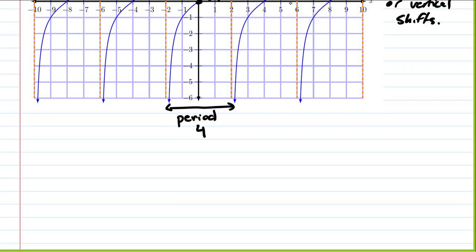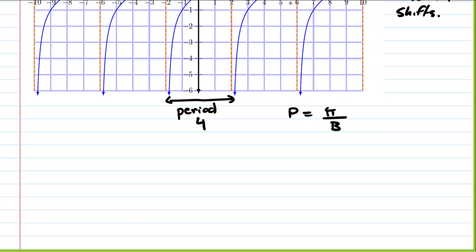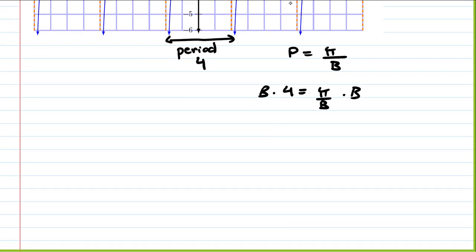So if our period is 4, our formula for the period is P is equal to pi divided by B. So that would give us 4 is equal to pi over B. So solving for B, we get 4B is equal to pi, divide by 4, divide by 4, and we get B is equal to pi over 4.